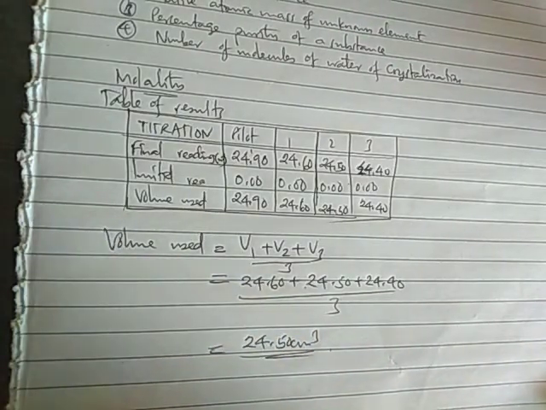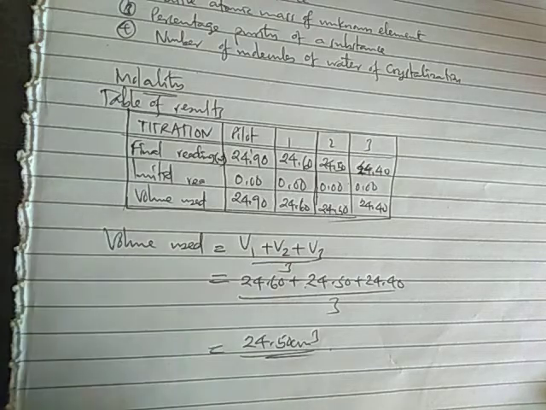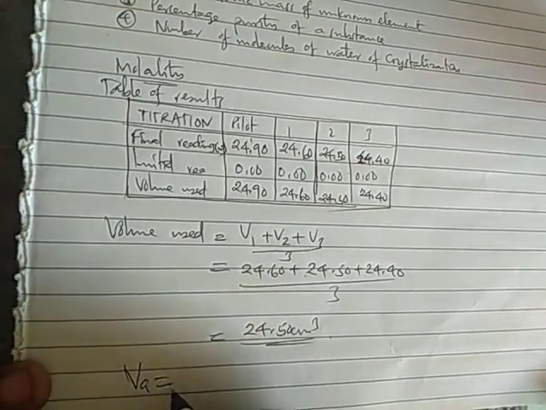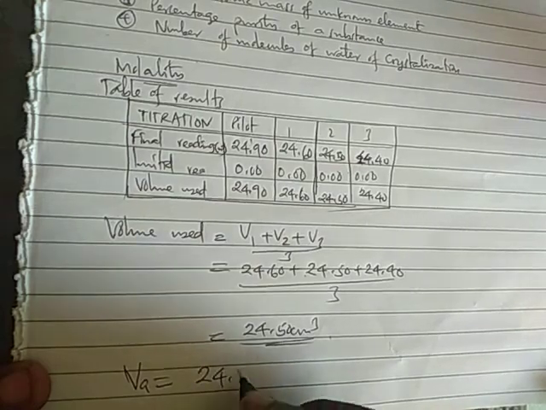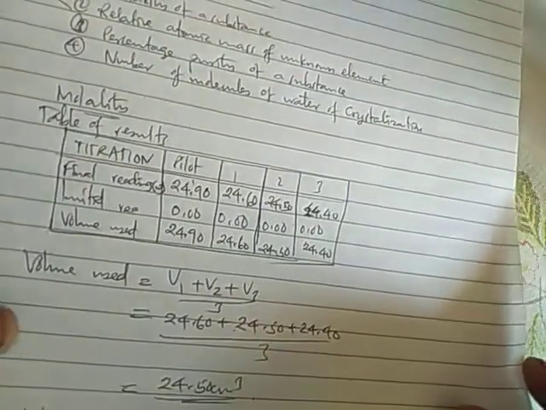Kwa hiyo that's the way it is. This is the volume of acid. VA ni sawa na 24.50 cm cube. So it depends with your parameters nyingine ambazo umepewa, lakini normally other parameters they are known.